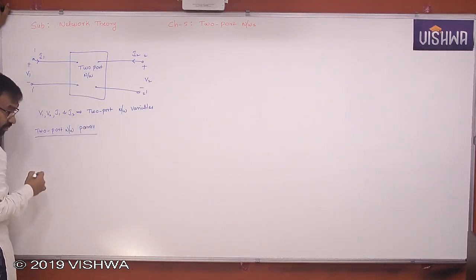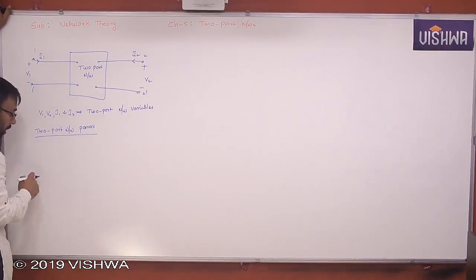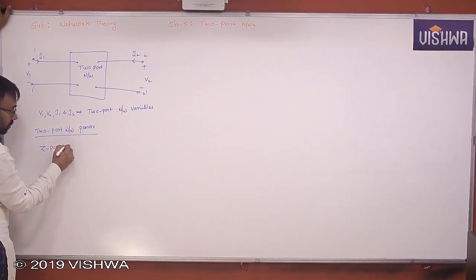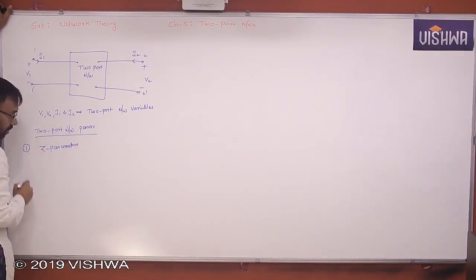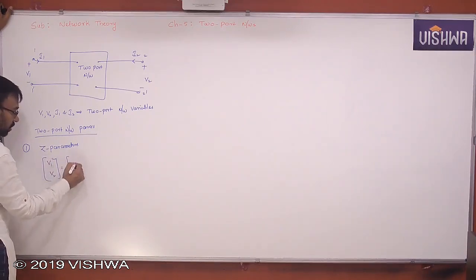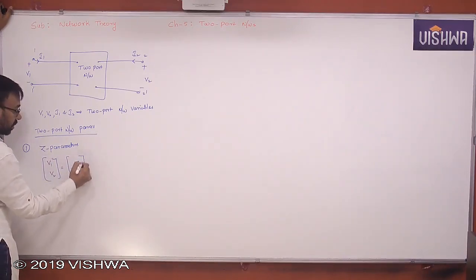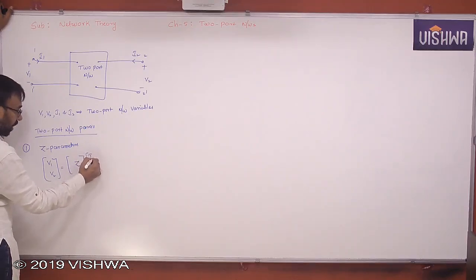Based on the relation, you can define Z parameters. In Z parameters, you have V1, V2 equal to the Z matrix times I1, I2. Now these two are independent.